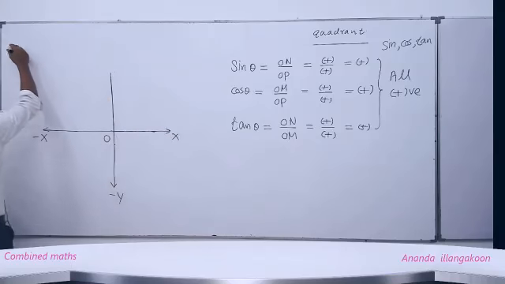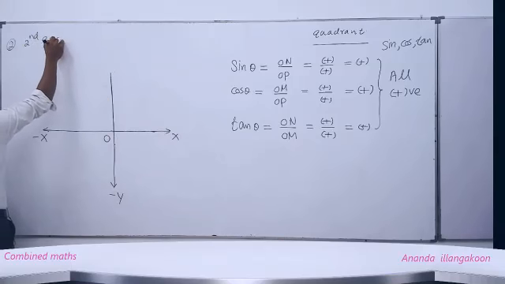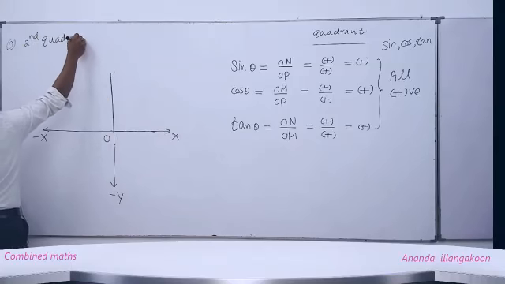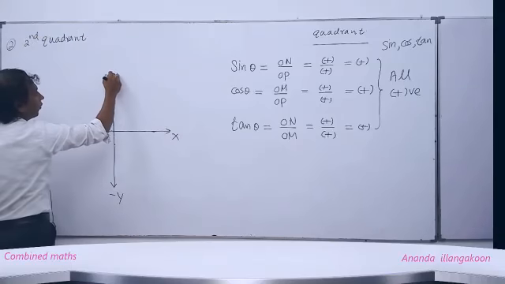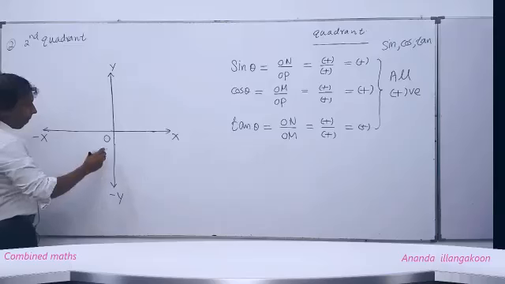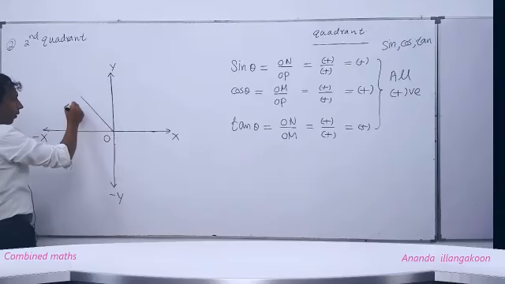Number 2, second quadrant. This is the y-axis. OP is in the second quadrant, this way.